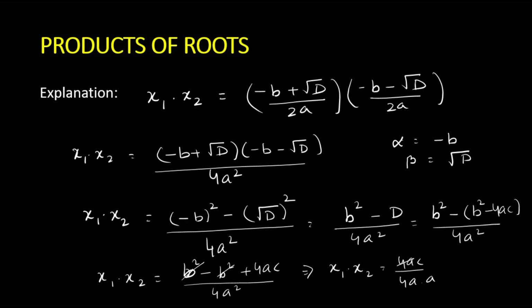So 4a cancels out with its denominator 4a, so we have c over a. So product of roots is the ratio of constant term to the coefficient of x squared, that is c over a. So this is the product of roots.